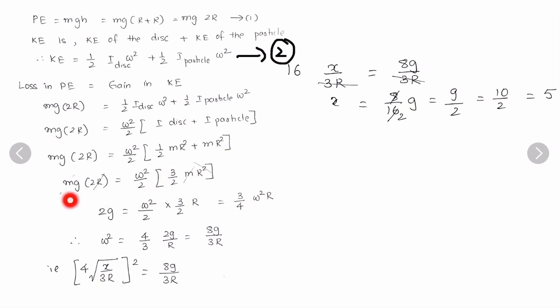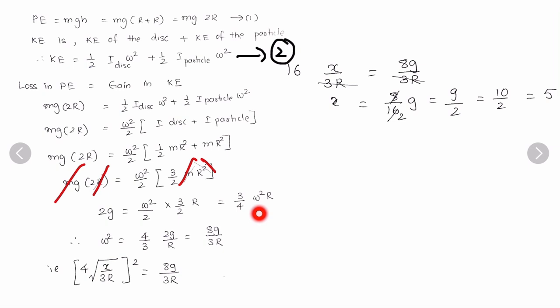On both sides you can cancel out mass, and one r. What remains is 2g is equal to omega square by 2 into 3 by 2 and one more r. That becomes 3 divided by 4 omega square r, which is equal to 2g.